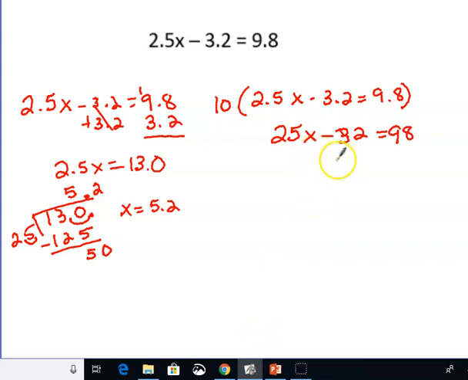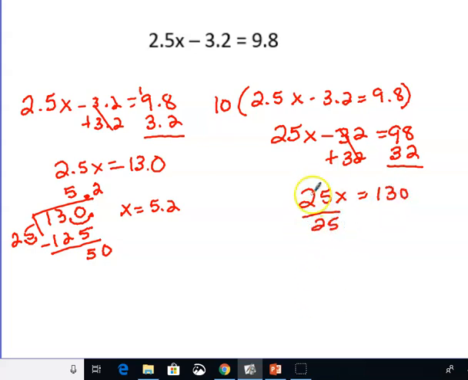So it's the same problem. It's just that now I'm not worried about lining up decimals. It just makes it a little easier. I'm going to divide by 25. We're still going to get the same answer of 5.2.